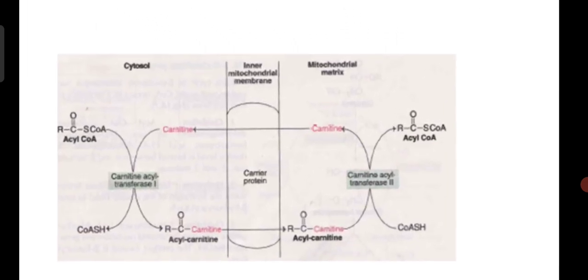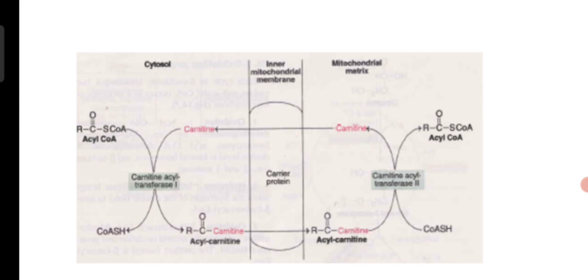First one, you can see here acyl-CoA. The acyl group of acyl-CoA is transferred to carnitine. This reaction is catalyzed by carnitine acyl transferase.